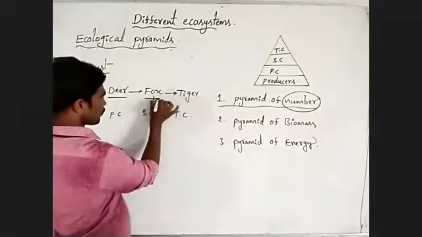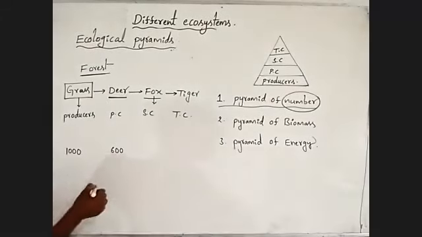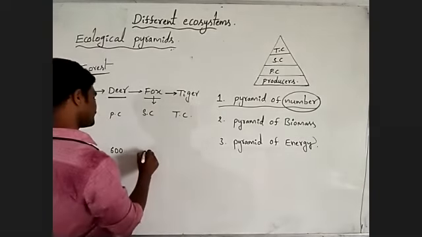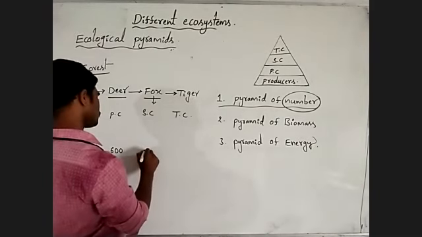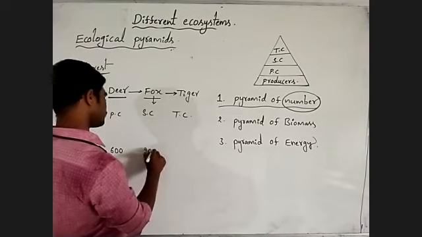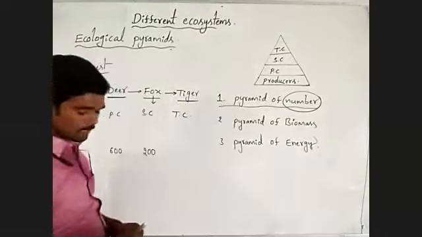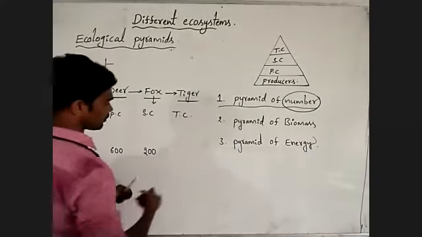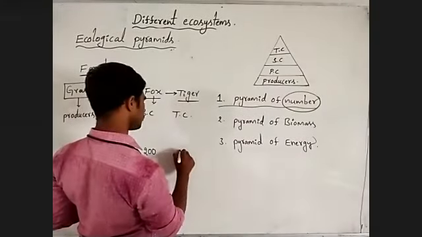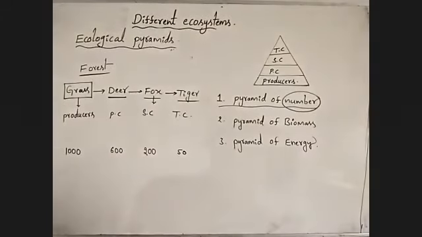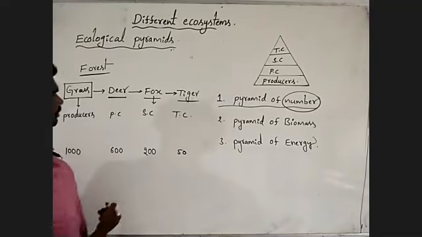Next, the number of foxes, for example, 200. Next, the number of tigers, imagine just 50.